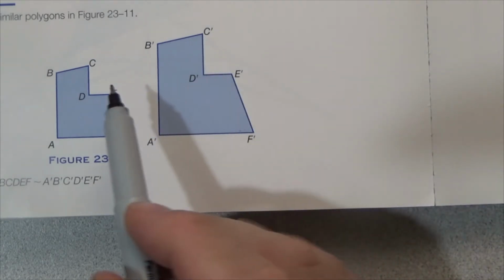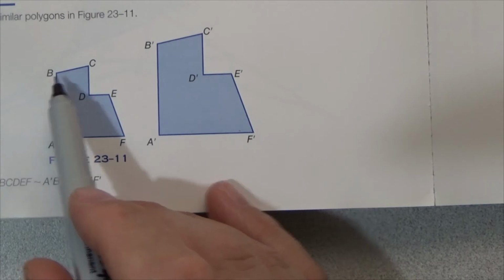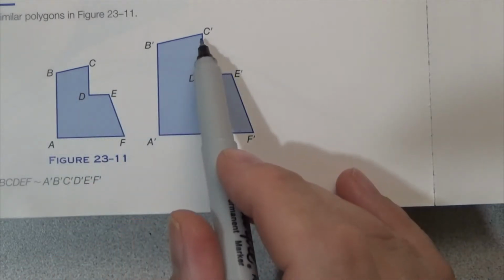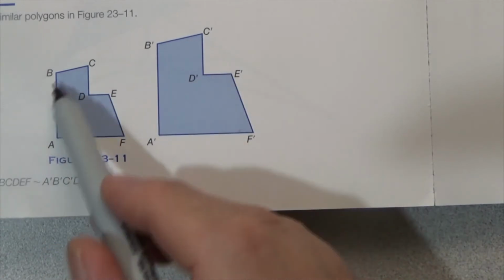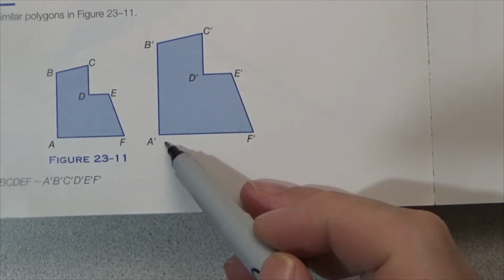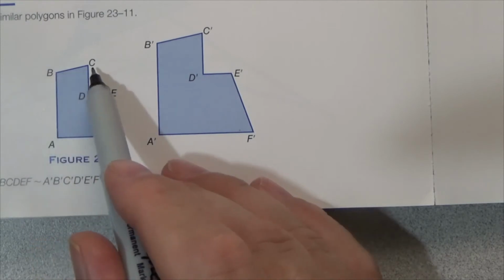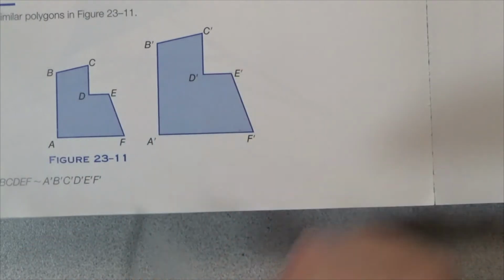As far as the proportions of the sides go, side BC over side B prime C prime, so this side over that side, is proportional to this side over this side.